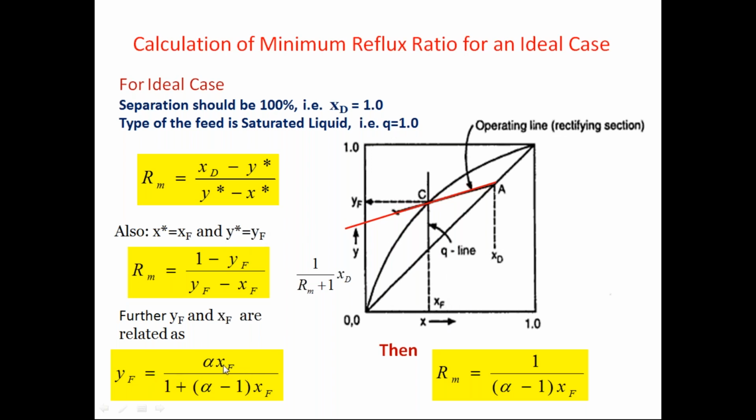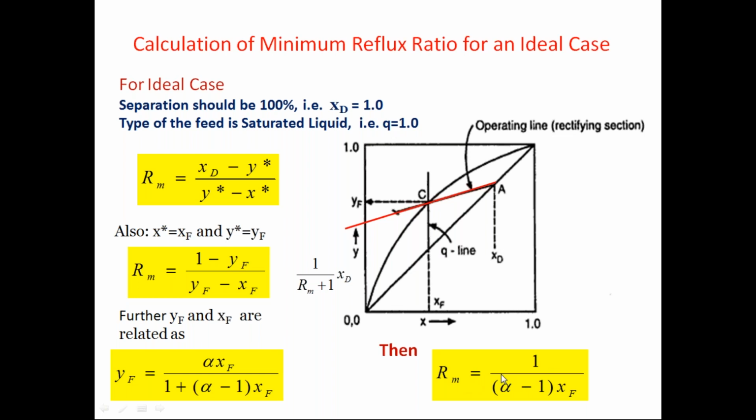Both are related at a constant alpha of the system. If alpha is constant, then you'll get this equation, from the previous derivation. Now you can substitute this in this equation.